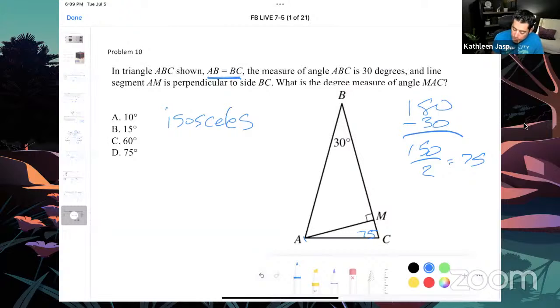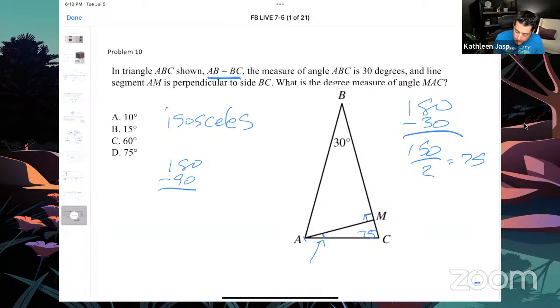And again, we're looking to find MAC. So that's this little guy right here. That's what we're looking for. If this is 90, and this is 30, well, I'll do it over here. I've got 180 minus 90, which is the 90-degree angle, minus another 30. 90 and 30, that's going to give me 60.